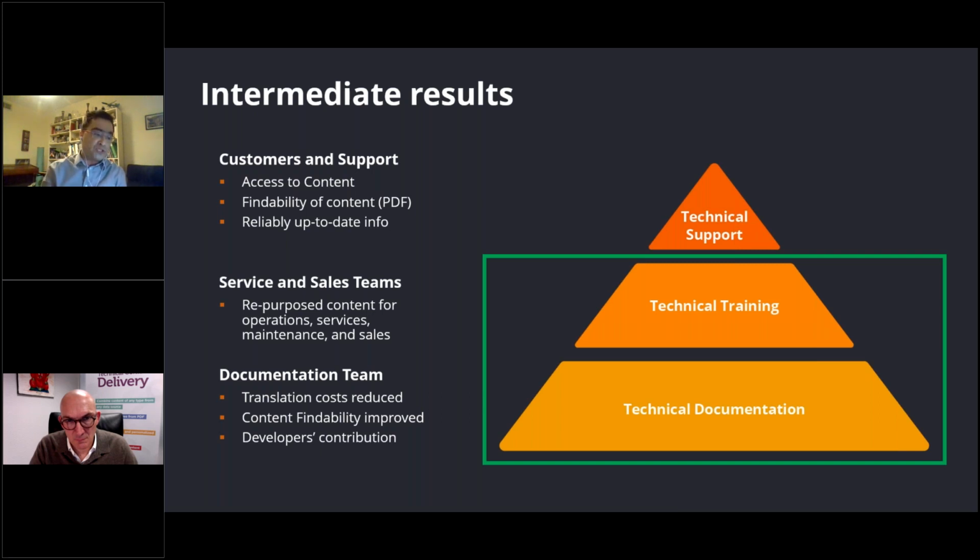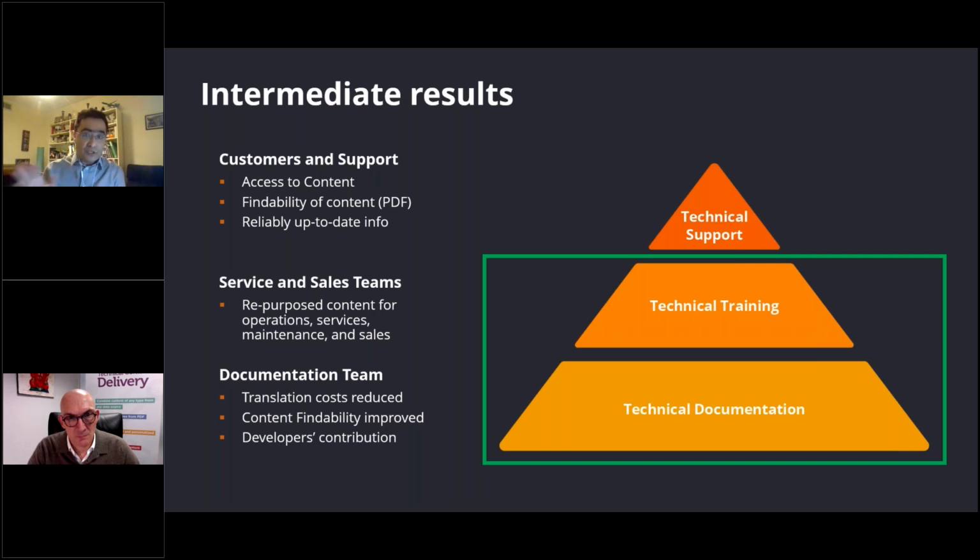For the operating personnel, they began creating operating instructions, maintenance guides, tips and tricks, and so on. For the service teams, they created service documentation, repair instructions, spare parts catalogs, service bulletins, and so on. Now, for the sales teams, they were able to assemble brochures, white papers, competition analysis documents, success stories, and so on and so forth.